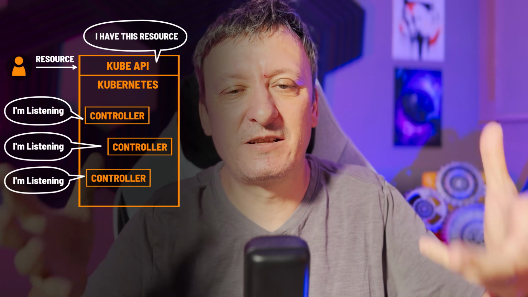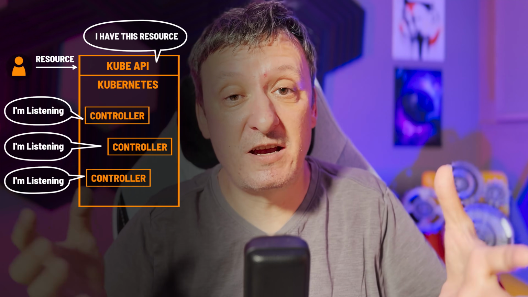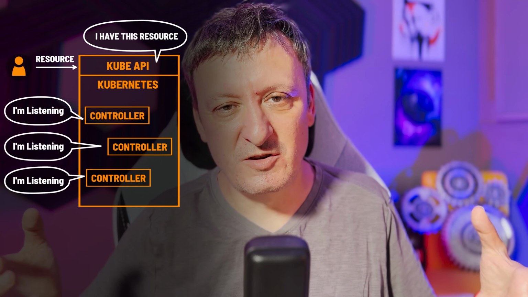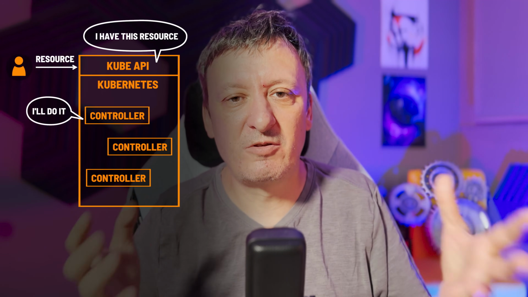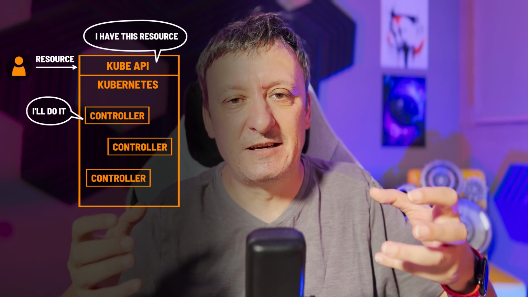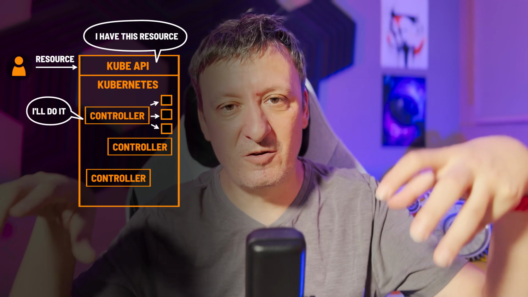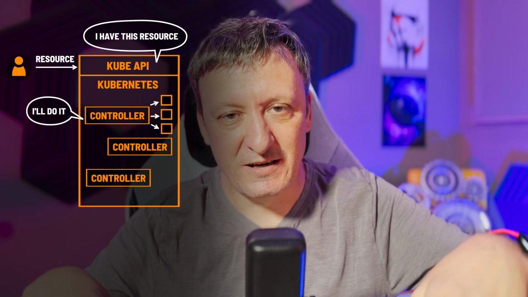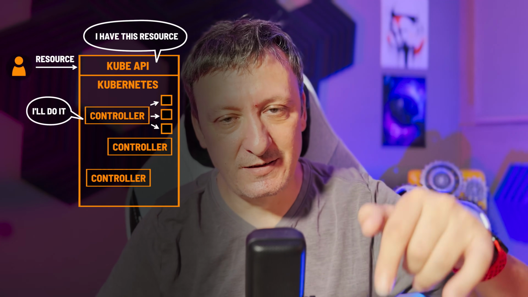So if Kubernetes API creates an event saying, hey, somebody wants to create or manage a database, there is one or more controllers that kick in and say, hey, that's me. I would like to do something with the database. If that would be CloudNativePG or CNPG, it would catch that event and create whatever needs to be created for that database to be running and run successfully and be managed and do whatever needs to be done for our databases inside Kubernetes clusters.